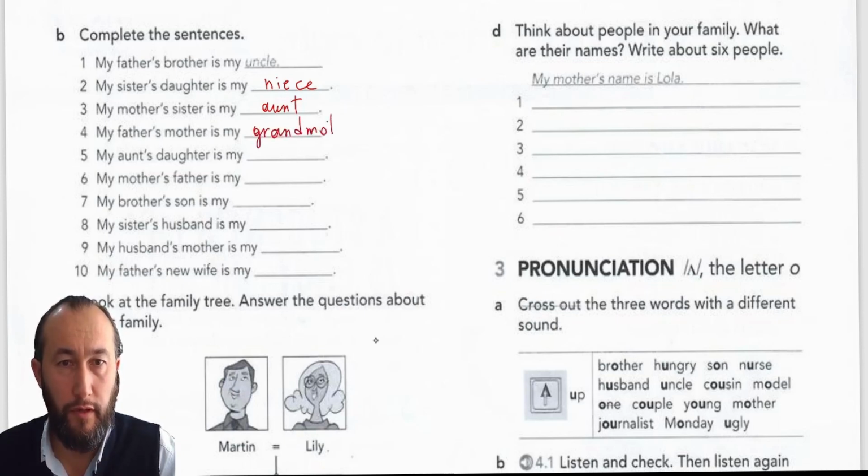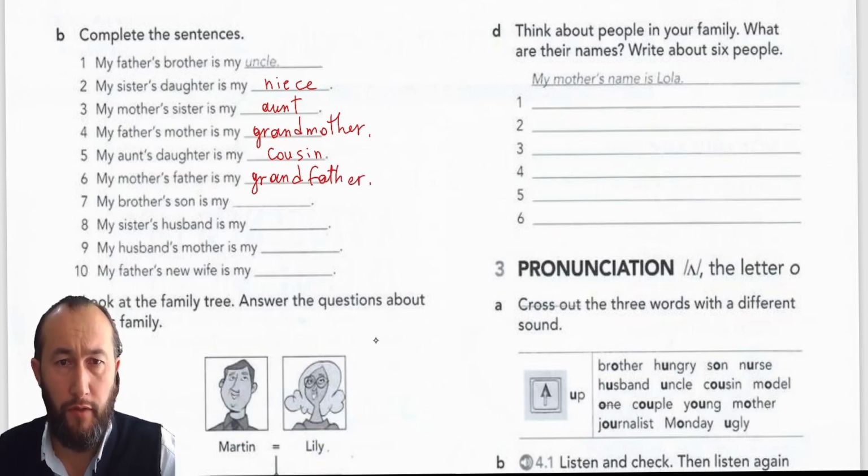Grandmother. Okay, guys. My aunt's daughter is my cousin. Good. My mother's father is my grandfather. D is silent again. Father, grandfather.